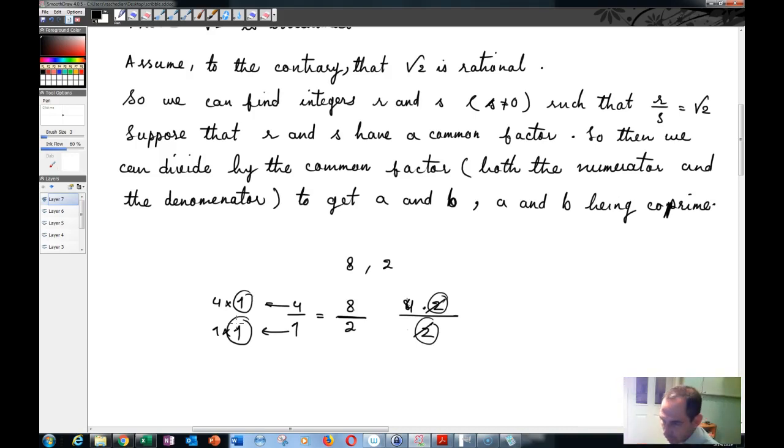In simple language, what that means is that you cannot simplify this fraction any further. If you cannot simplify a fraction any further, then the numerator and the denominator are called co-prime integers. It's just a fancy word for a simple concept.